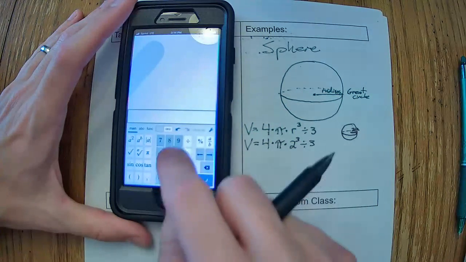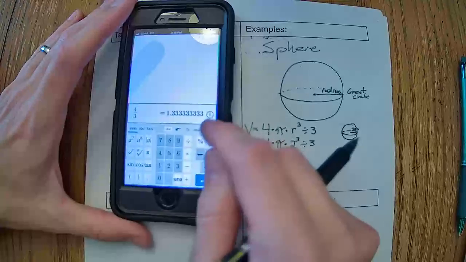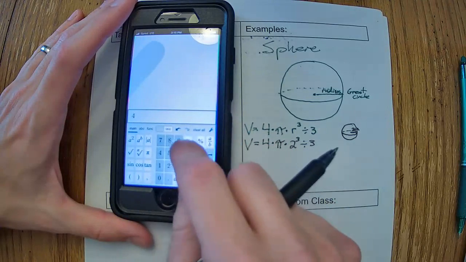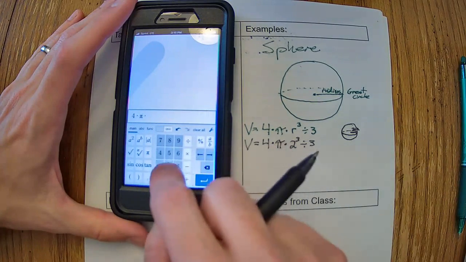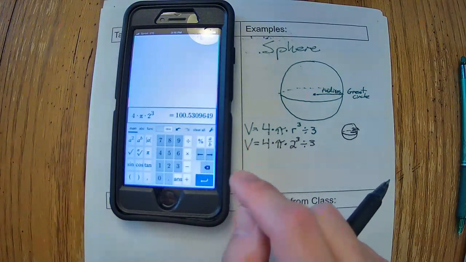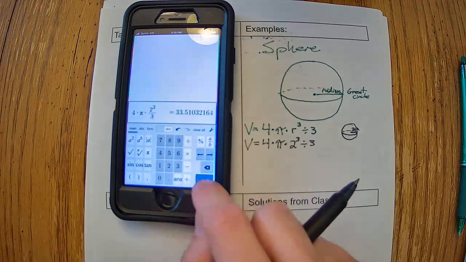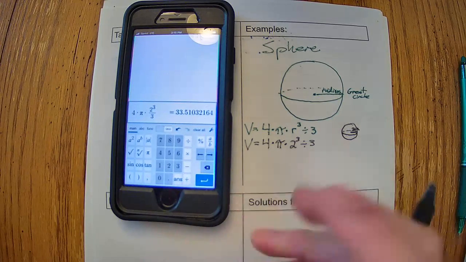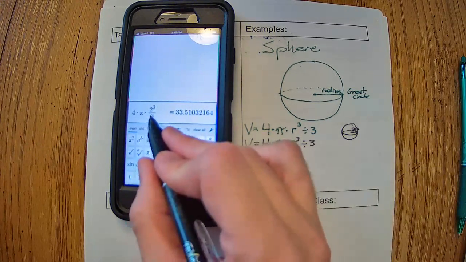Let's see, clear all. 4 times pi times 2 to the 3rd power, and then we'll take that and divide it by 3. Yep, that'll work. We typed it all right. That'll be fine.